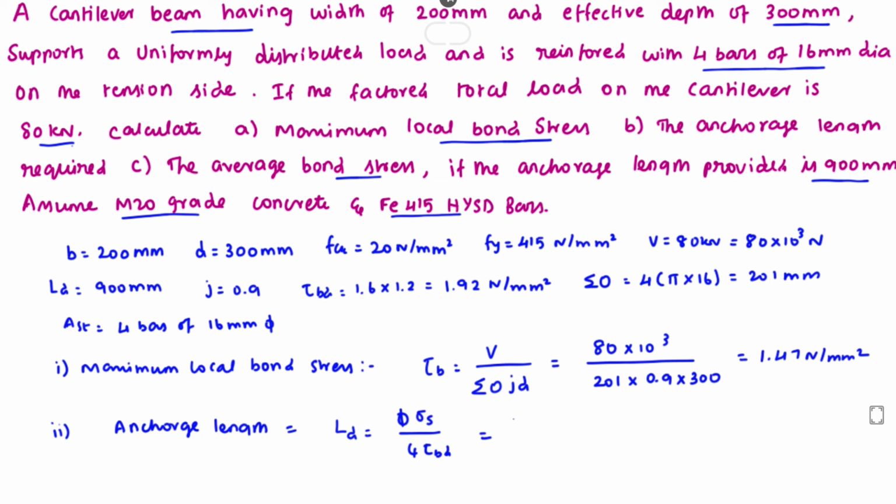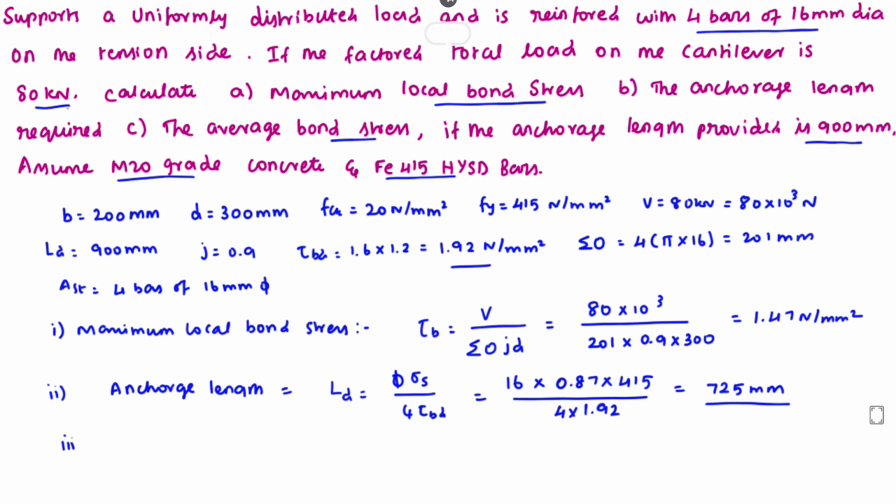Now we take phi as 16 mm dia bars, sigma S is 0.87 Fy. So 0.87 into Fy value 415, divided by 4 into tau BD value, we know that is 1.92. Solving this, we get the value of 752 mm. So this is the anchorage length.